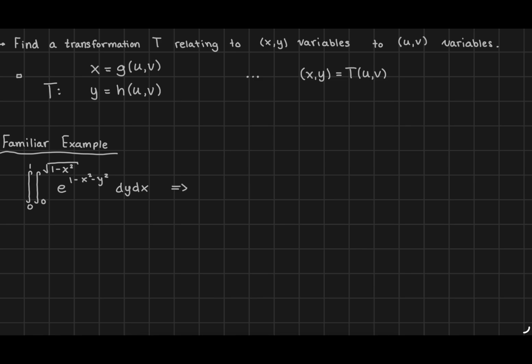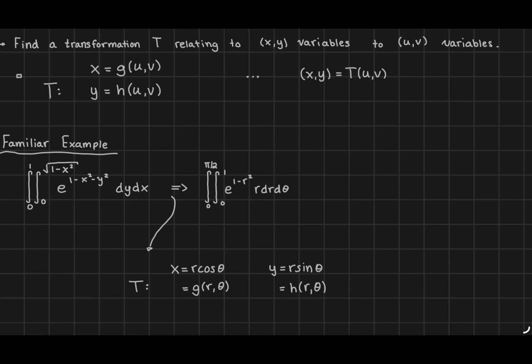So converting this into polar, we're going to be using a transformation. And although it hasn't been explicitly stated quite yet, that's what we've essentially been doing all along. Our transformation T is x equals r cosine theta and y equals r sine theta. These are two functions in r and theta, and we're going to be using those to convert our x, y to r, theta.